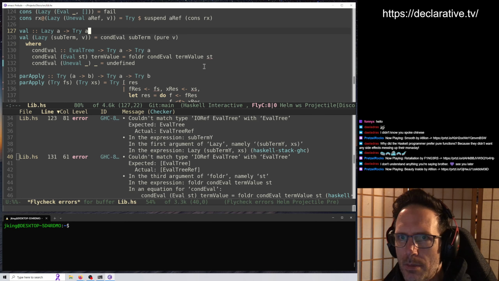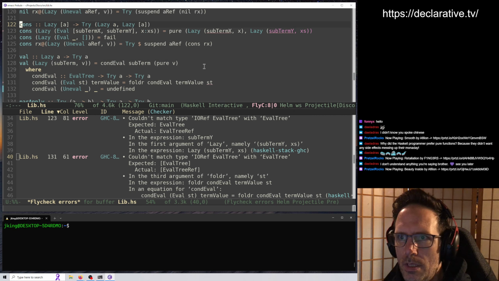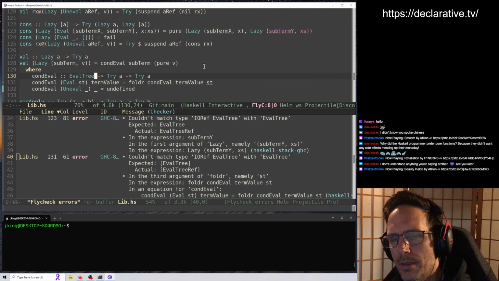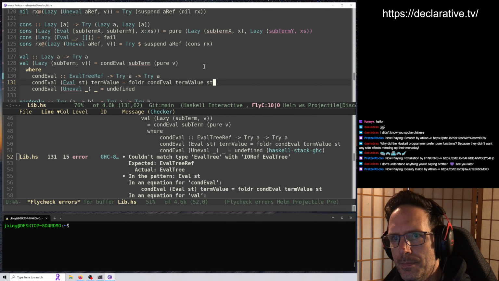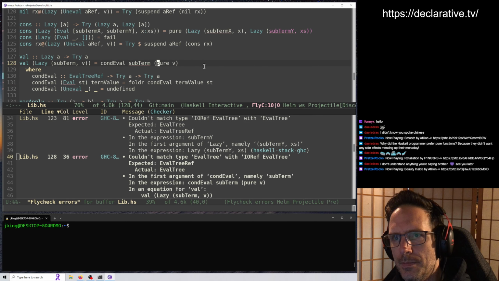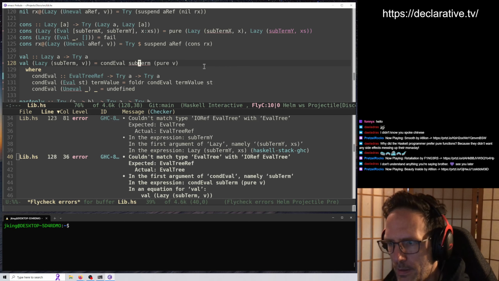Is that because we need to update our definition of lazy? Or try? Oh, no. The parameter here, eval tree. We probably want this to be a ref. Okay, and subterms now as well.